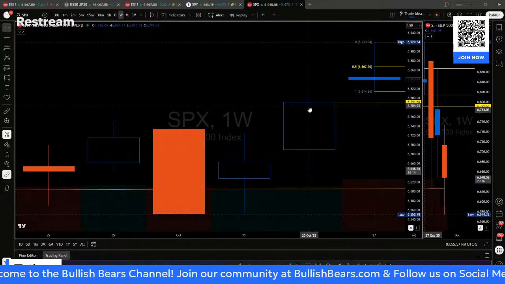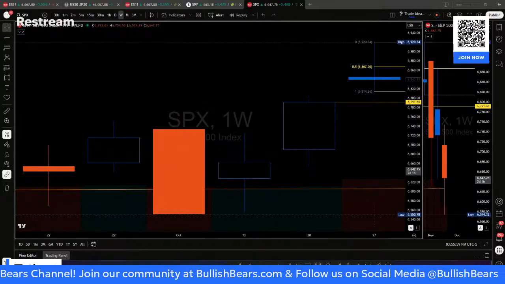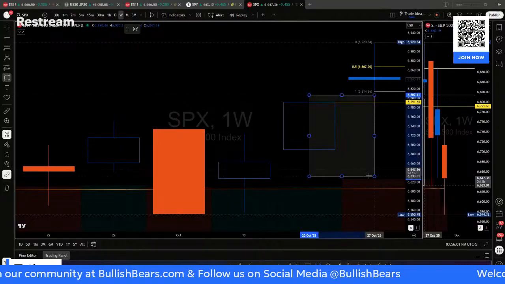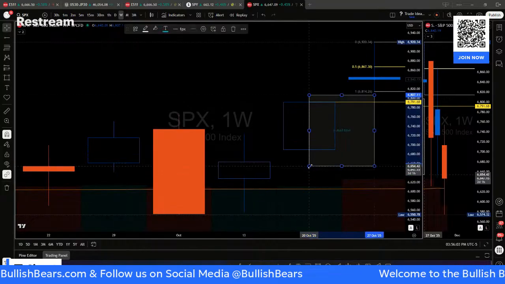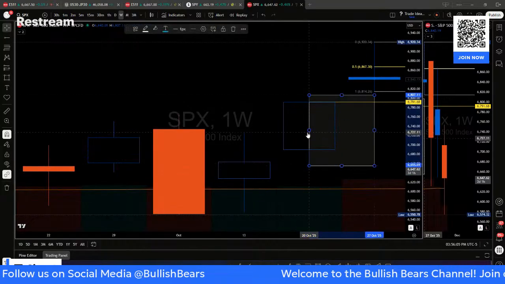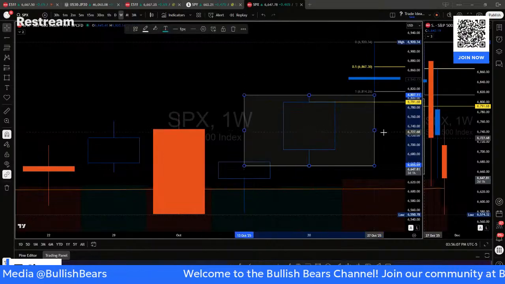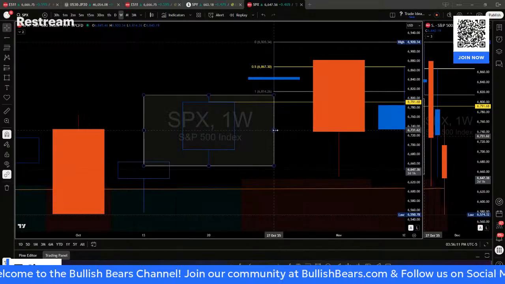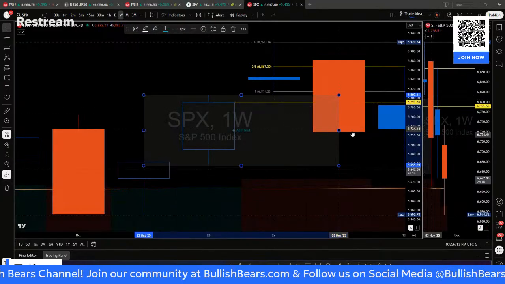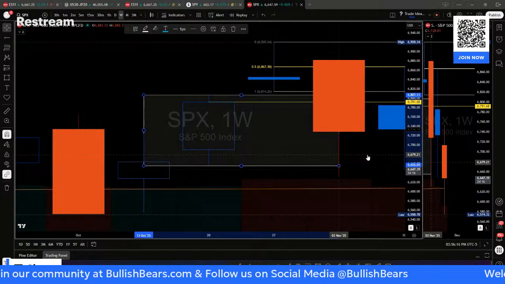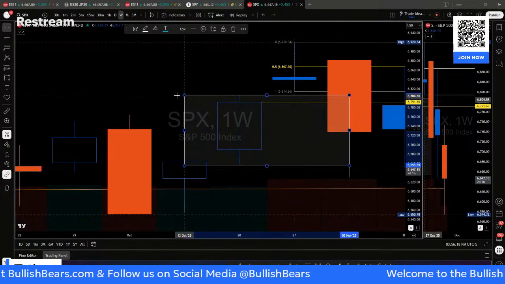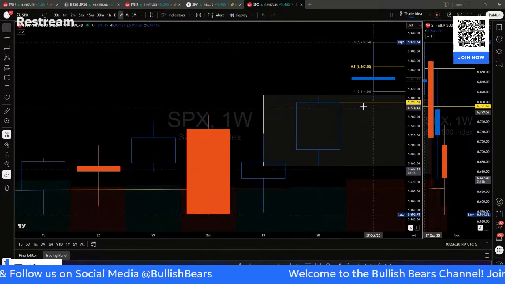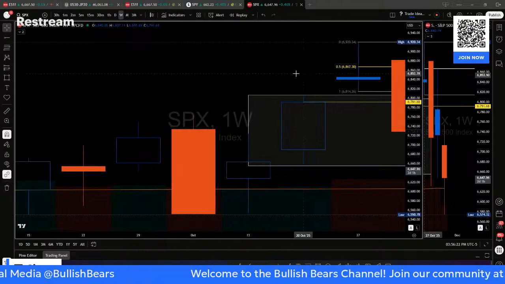They'll say anywhere inside of last week's bar and the gap is closed. I am not that kind of analyst. As far as I'm concerned, the gap isn't closed until we get back to where the close of that bar was, right? So in this scenario, we closed at 67.91. And for this gap to close, we got to get back to 67.91.